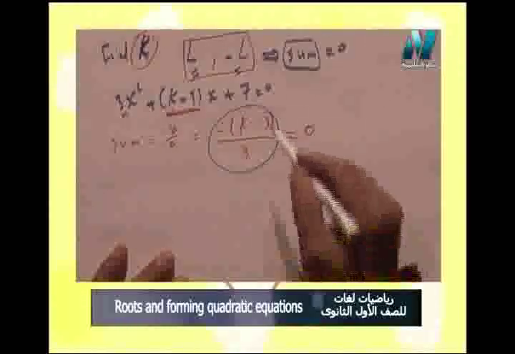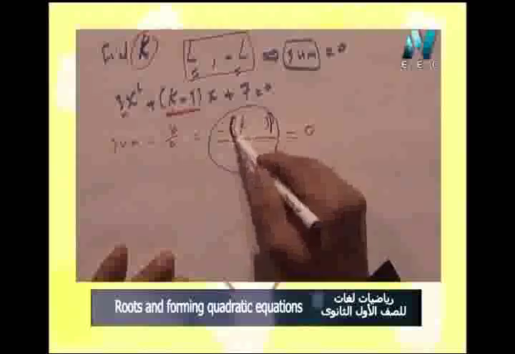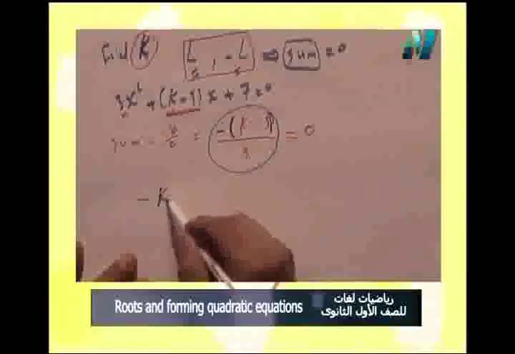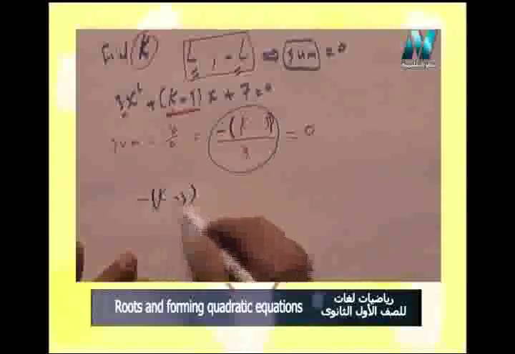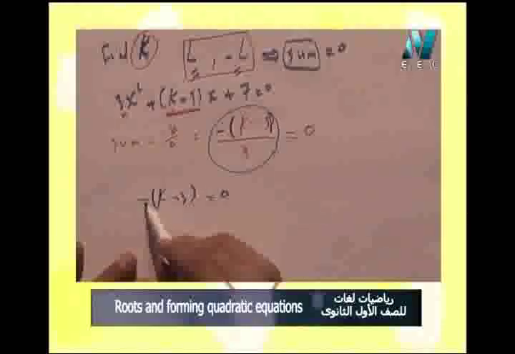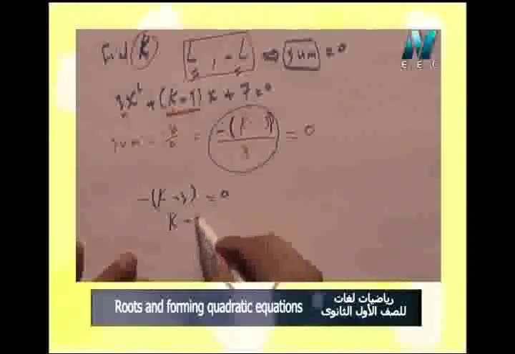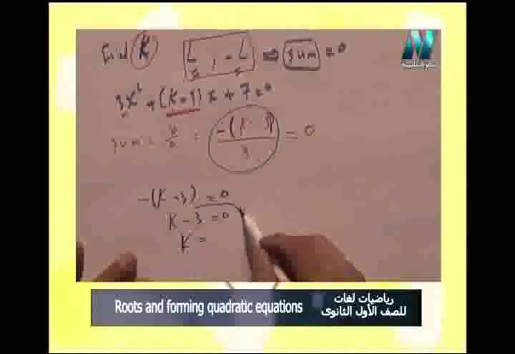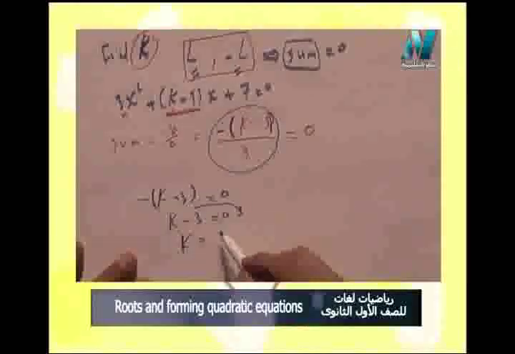It's wrong. But the numerator only here equals 0. So negative k minus 3 equals 0. Negative multiplied by negative here, so k minus 3 equals 0, and k equals 3 because we transfer negative 3 in the other side, so k will be 3.